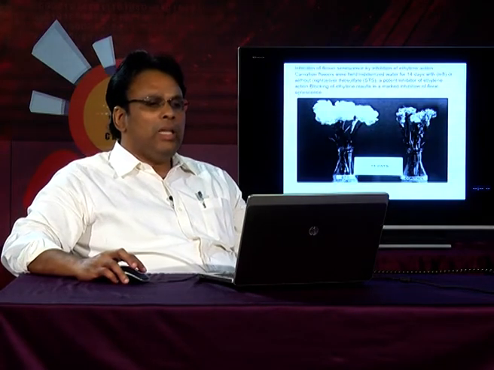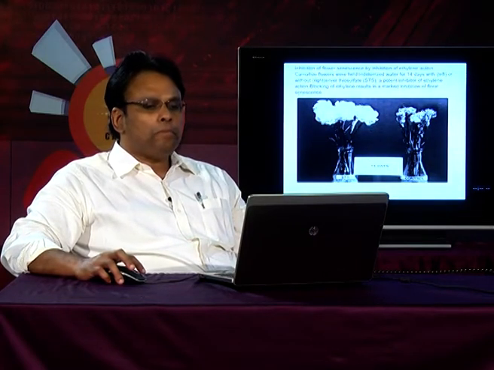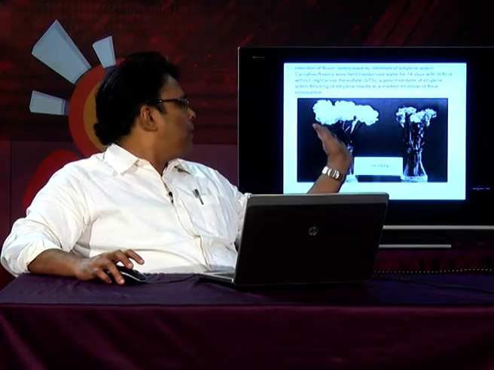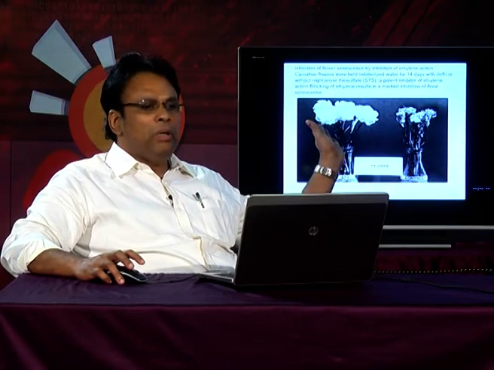Here you can see inhibition of flower senescence by inhibition of ethylene action. This is the control, and the flower is senescing very quickly. This is a case in carnation flowers.